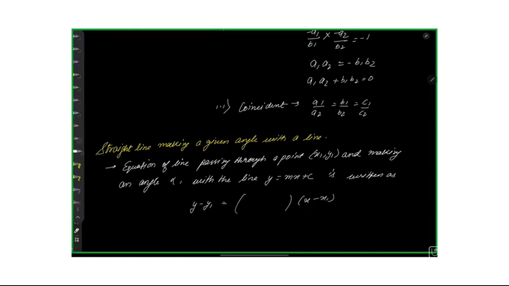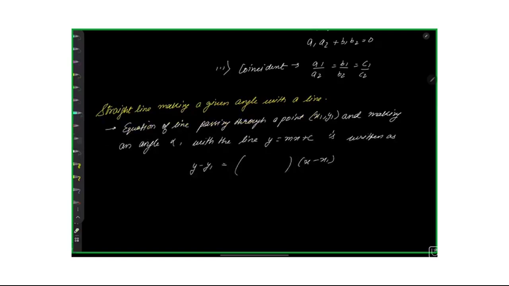The important thing to remember here is the slope. The slope will be (m plus minus tan alpha) over (1 minus plus m tan alpha), where tan alpha is the slope of the other line.